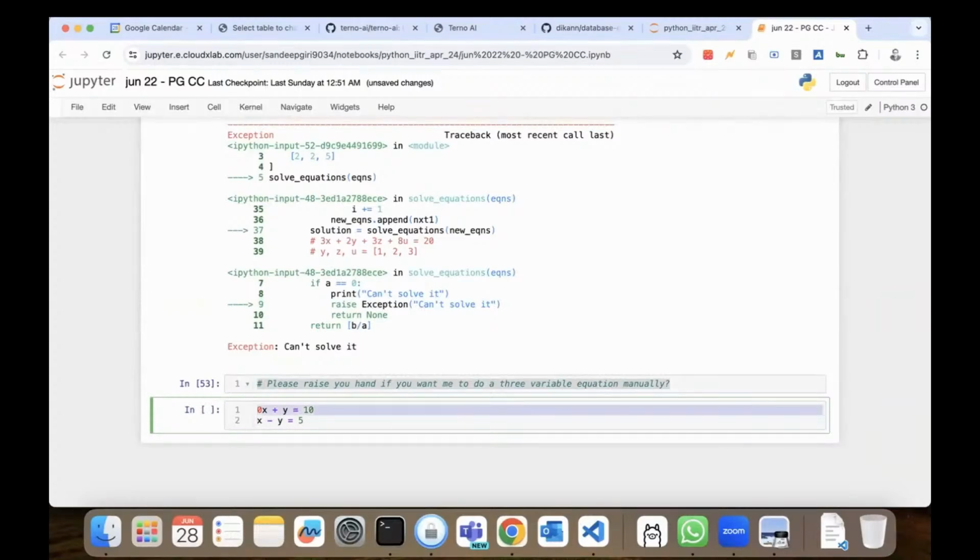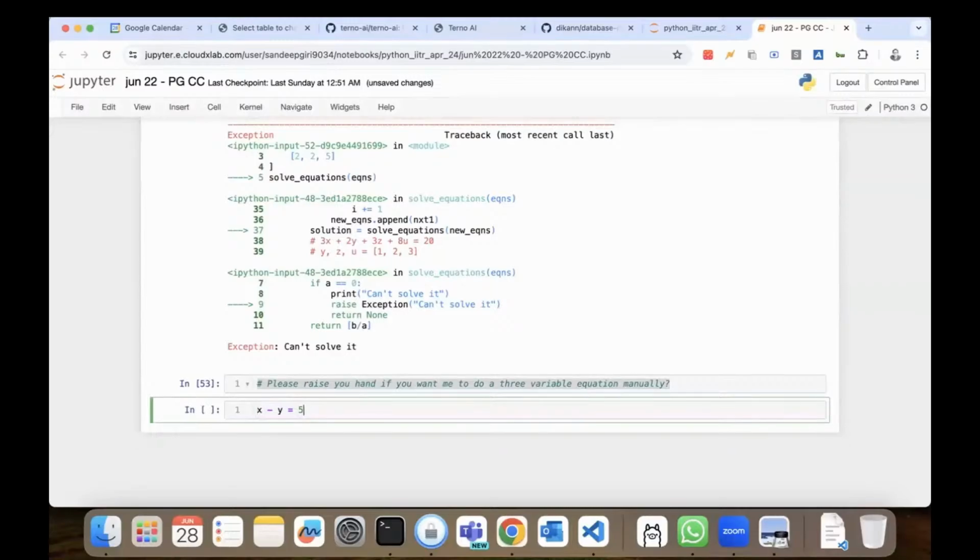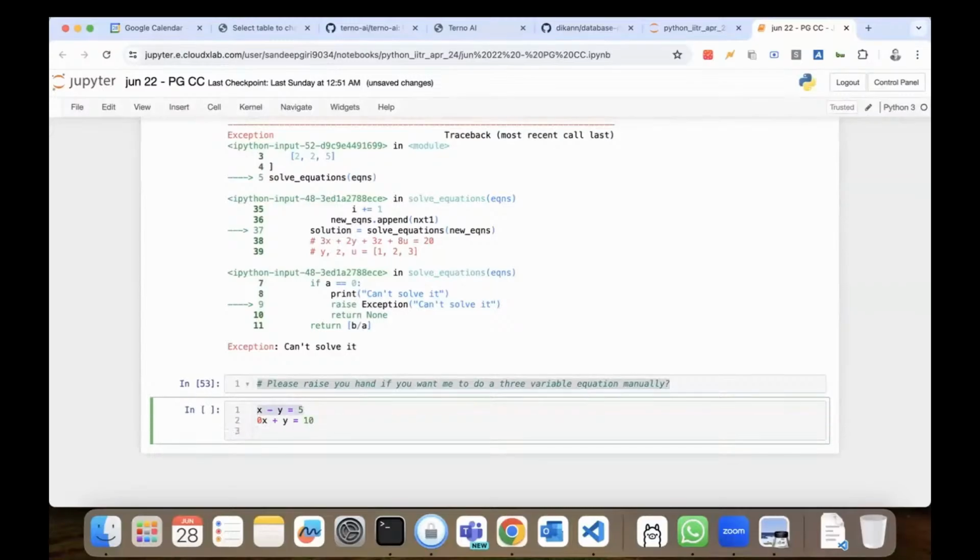So usually what you'll do is swap their positions so that you can subtract the first equation comfortably and then pass it on. Therefore, the usual technique is that if the first coefficient is 0, just swap it with something non-zero. And that's what we are trying to do.